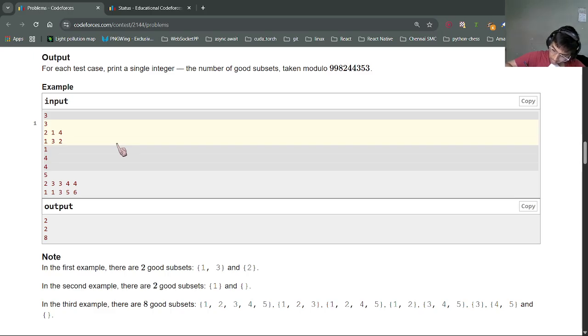Three at a time, it's impossible. From four, one at a time we get four, and that's it. So this is the total answer for our length four, all the subsets. And this is the answer.